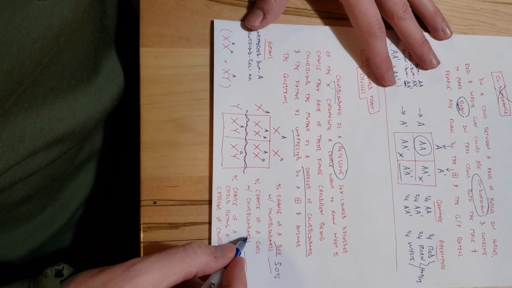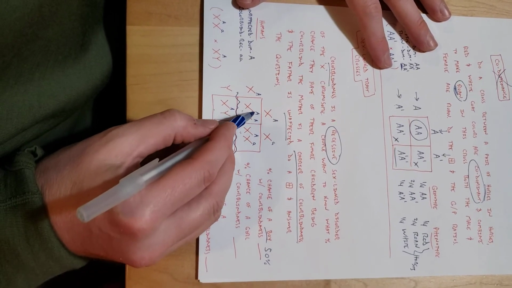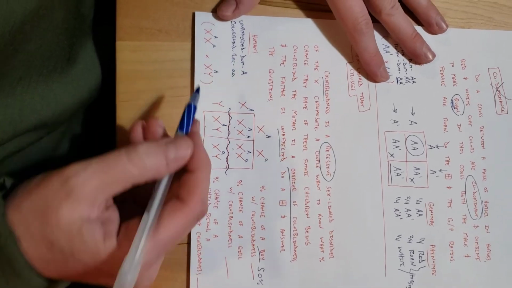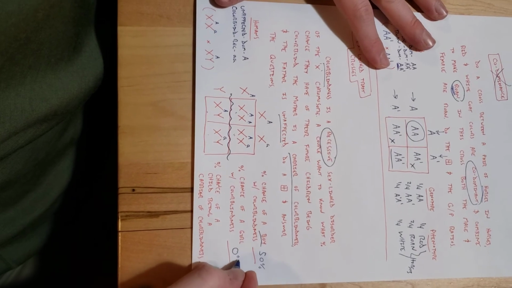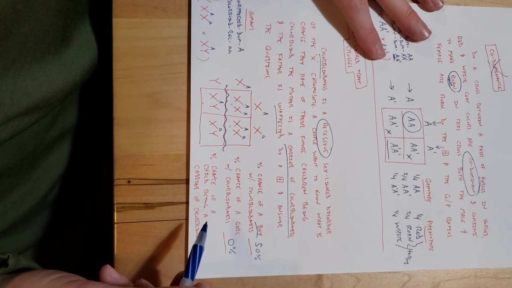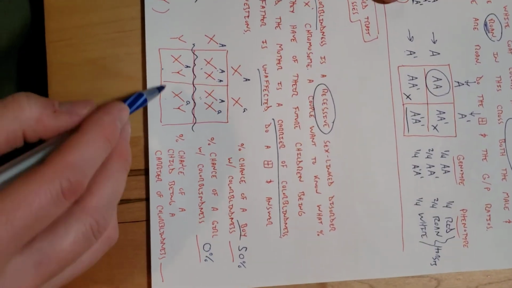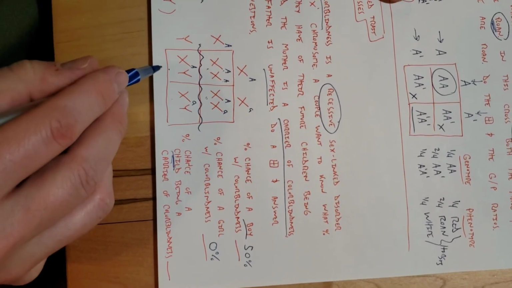Percentage chance of a girl with color blindness. Now we're just looking up at these two boxes. Both boxes have at least one uppercase A. Uppercase A was unaffected. So this couple will never have a girl that is colorblind. And then the chance of a child being a carrier of color blindness. Well, boys can't be carriers, but they're still a child, so they count.